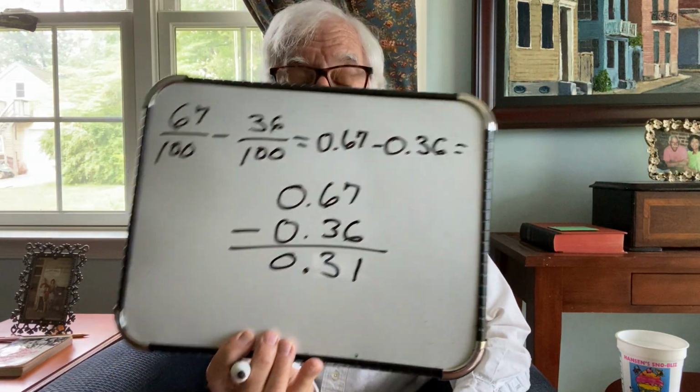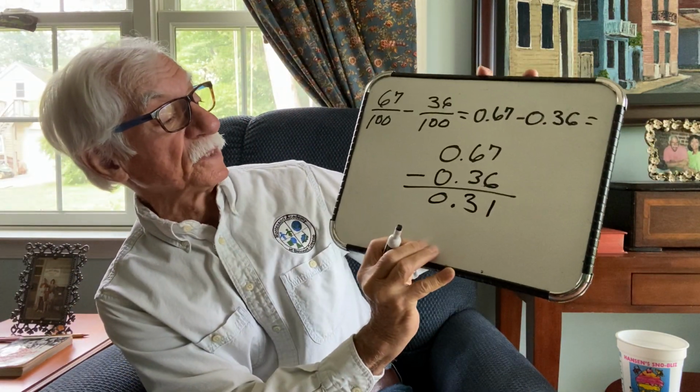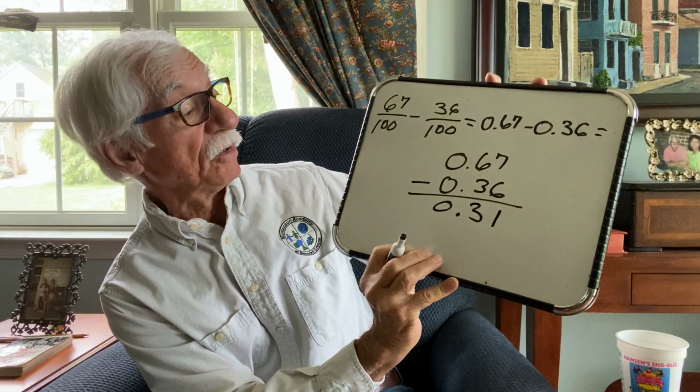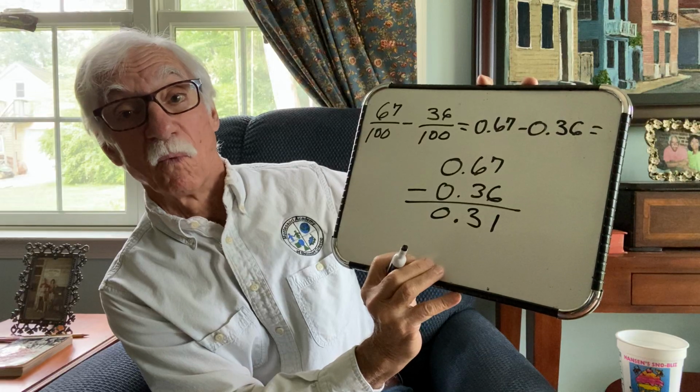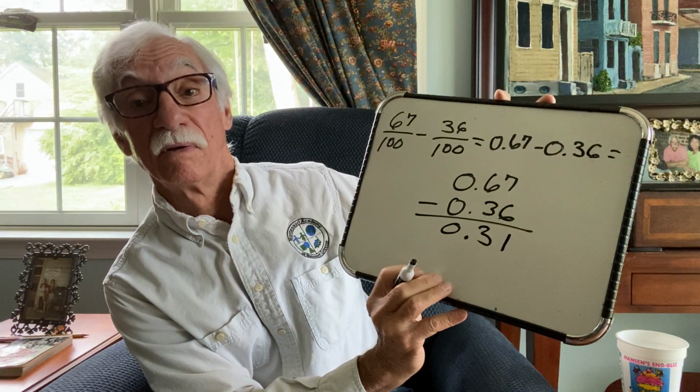Make it vertical. Line up those decimals, and you'll see 67 hundredths, take away 36 hundredths, gives me 31 hundredths. Decimal subtraction.